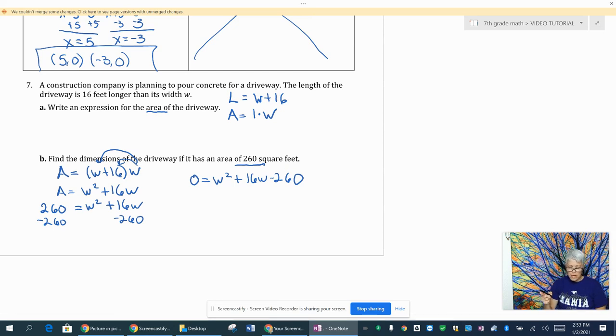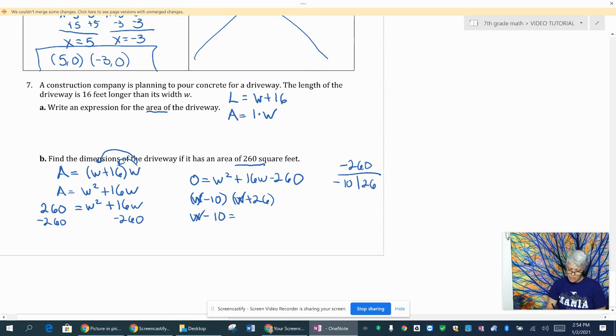But the factors of negative 260 end up being a negative 10 and a positive 26. So we have x minus 10, x plus 26. Oh, and let me take it back here. I put x, it should be a w, a w, a w, a w.